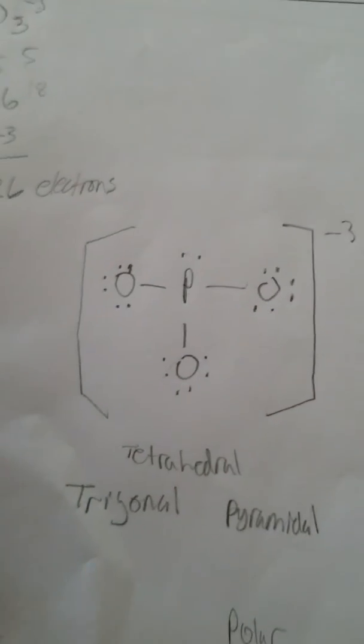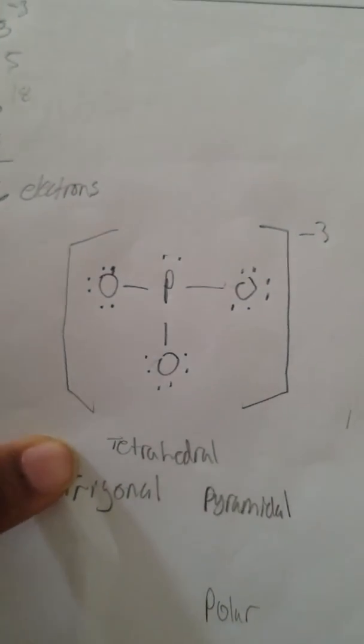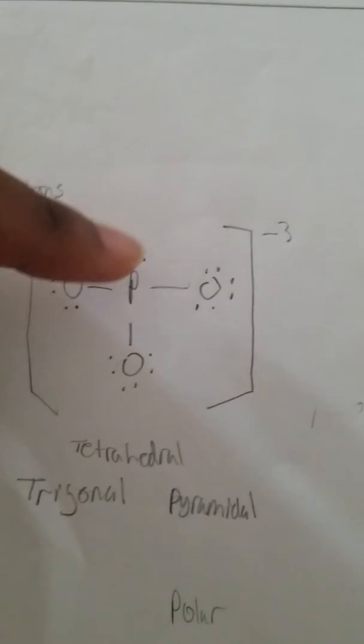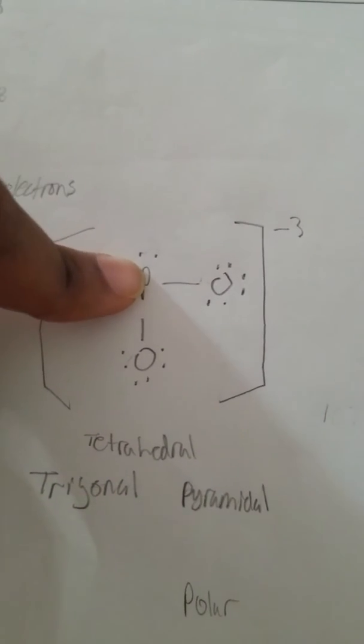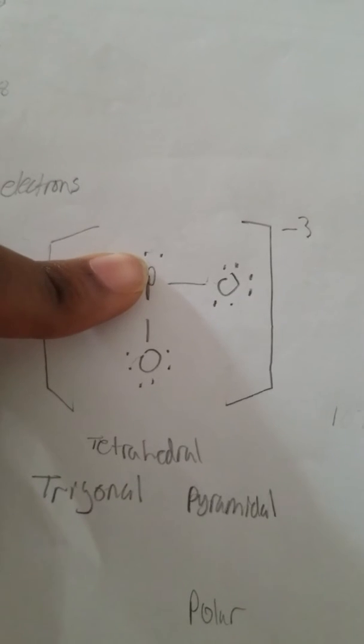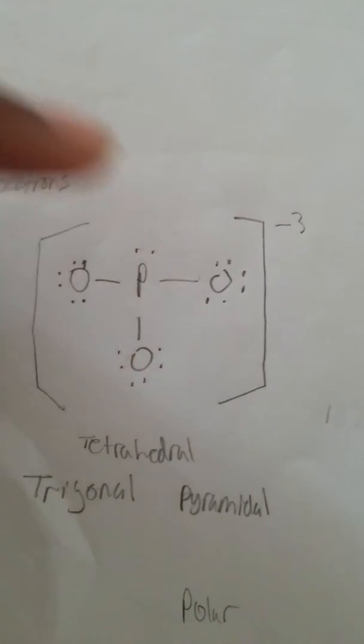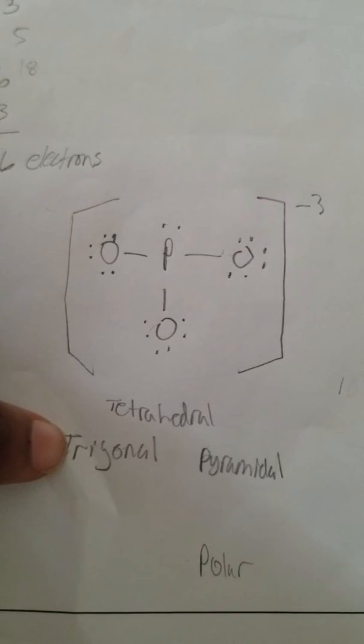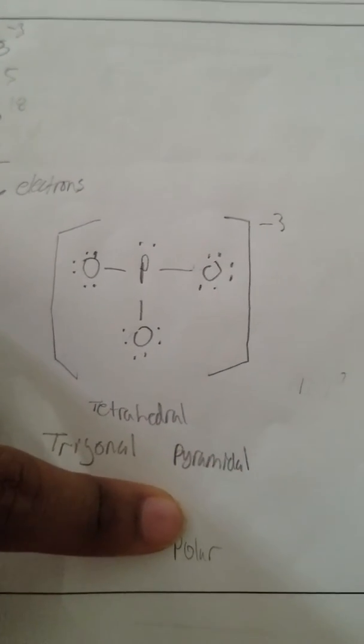And for the molecular geometry, it's trigonal pyramidal because the 3 oxygen atoms are repelled by the electron lone pair. So it looks like a trigonal pyramid. And it's polar because all trigonal pyramidals are polar.